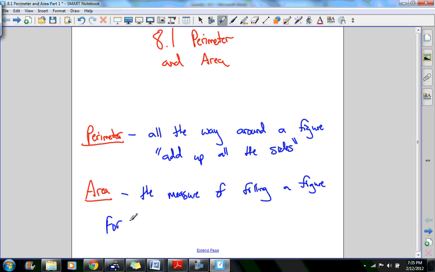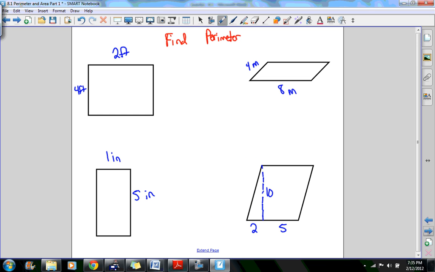For rectangles and parallelograms, which is what we're doing today, the area is going to be equal to the base multiplied by the height. Okay, so let's look at a few examples.